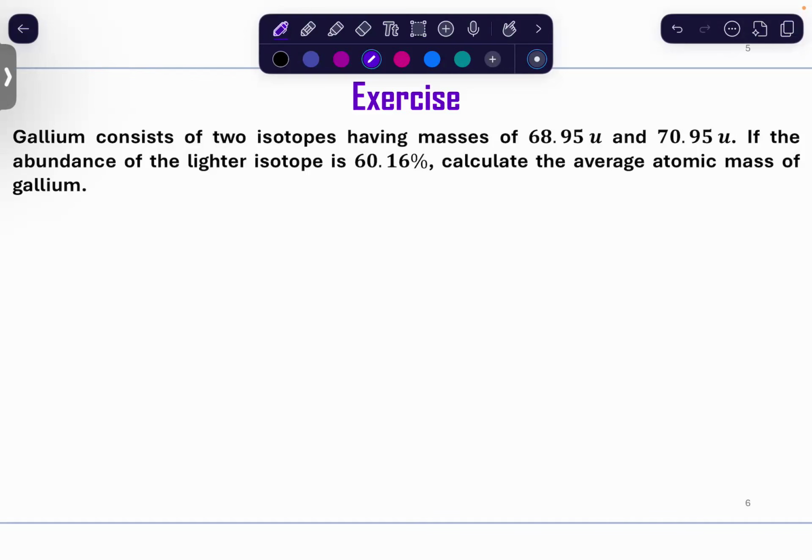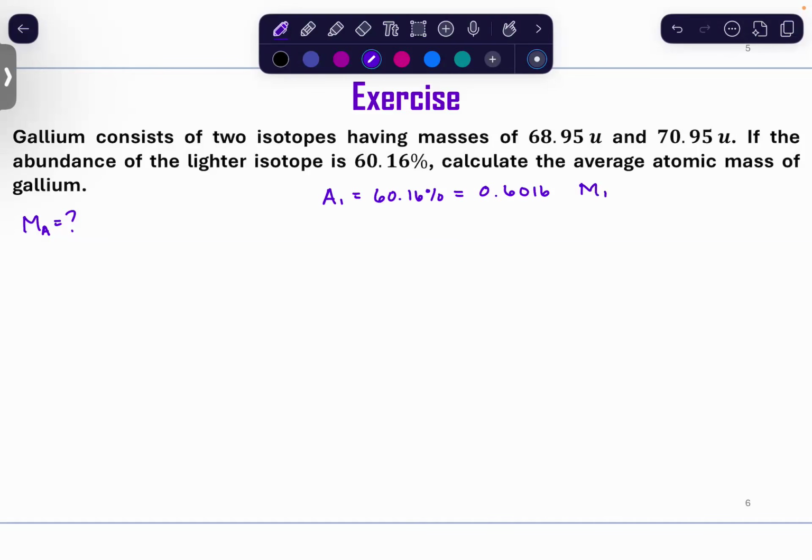It may seem like you don't have enough information, but the problem is asking for the average atomic mass. And what do we know? We know that abundance 1 is 60.16%, or 0.6016, which is the number we would need for our calculation.